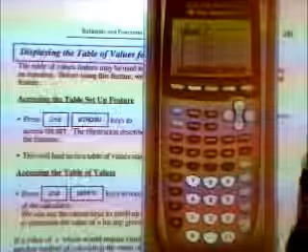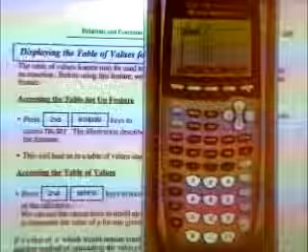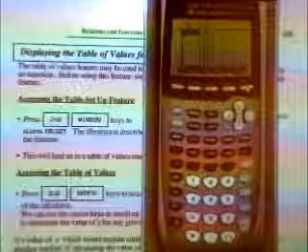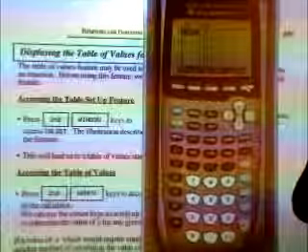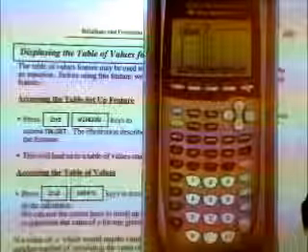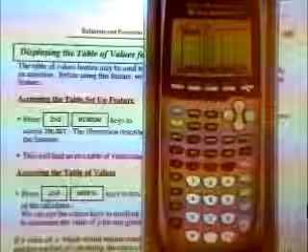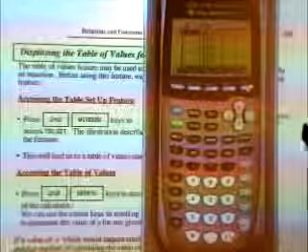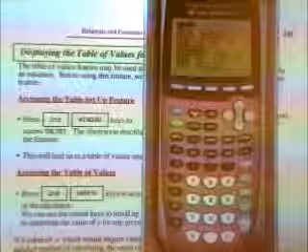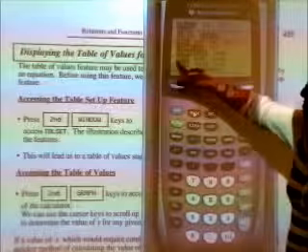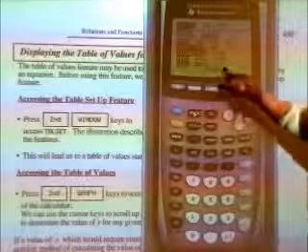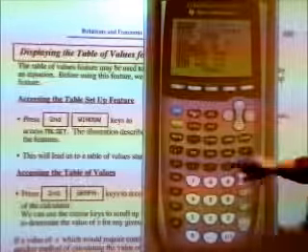So now again, if I go back to my table, starting at 0, it's giving me those numbers going up by 1s. Okay? The last thing that I will show you before I get you to work on some questions is I can split the screen. I don't like doing this because really it squishes everything. My screen's not very big to begin with. But if I press the mode button, and I go down at the bottom where it says full, horizontal, and GT, GT stands for graph table.